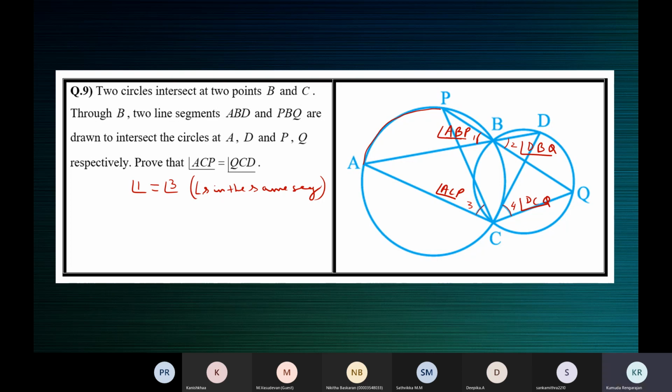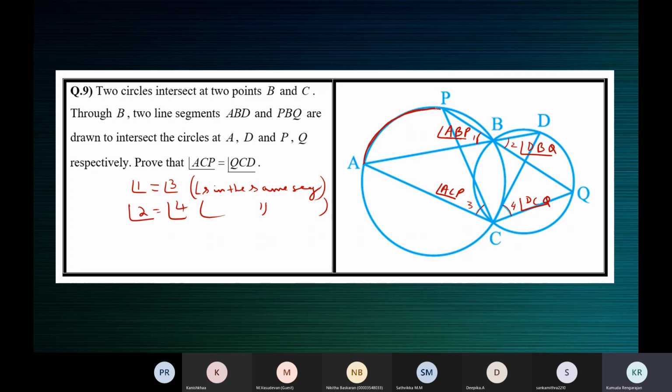So angle 2 and angle 4 are two angles subtended by the same arc DQ at the points B and C on the circumference. They're equal. Angle 2 is equal to angle 4, for the same reason: angles in the same segment of a circle are equal.